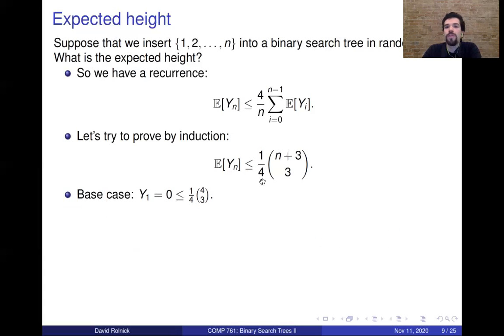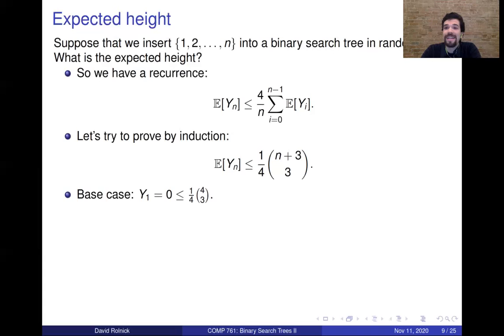Now, what can we do if we have our base case? How would we go about trying to prove this? It's not difficult.